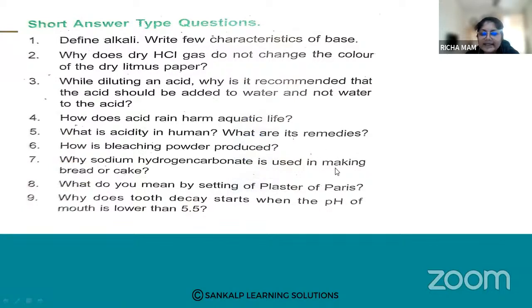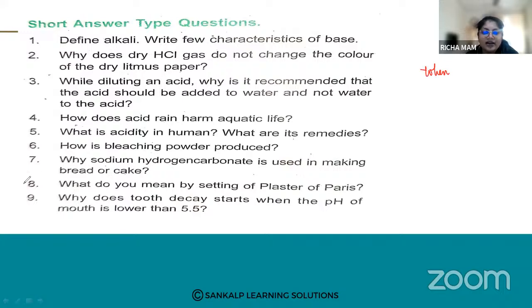What do you mean by setting of plaster of Paris? Setting of plaster of Paris is a process by which it hardens into a solid mass. When you add water, what will happen?